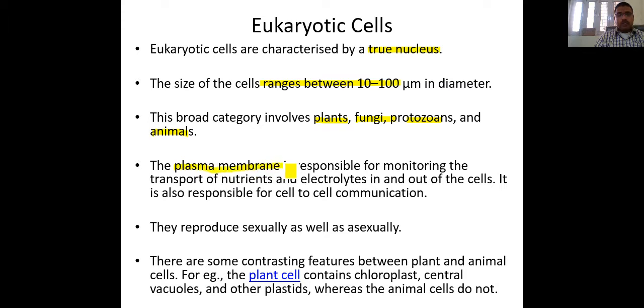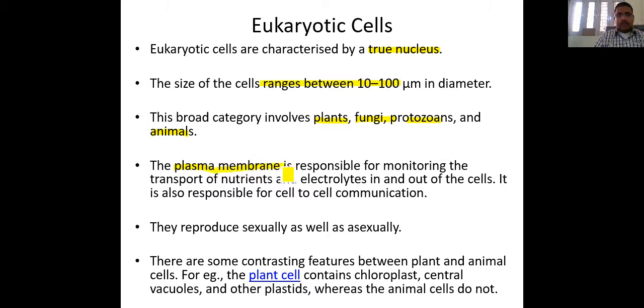That means it separates the organelles inside the cell from the outer environment. It is a kind of barrier which differentiates between the outer environment and inner environment, and that is basically the plasma membrane.